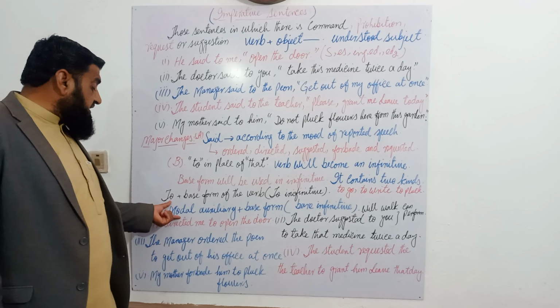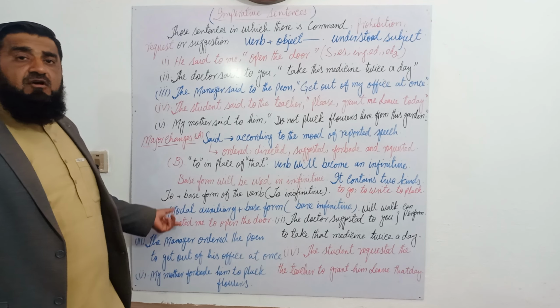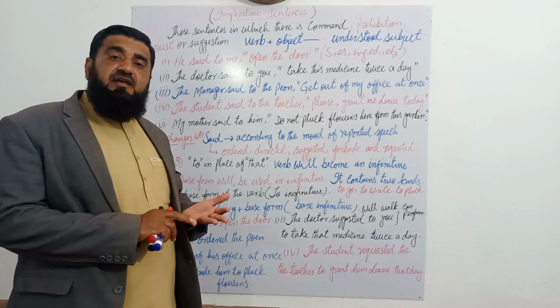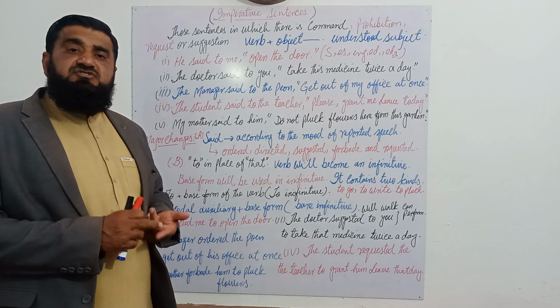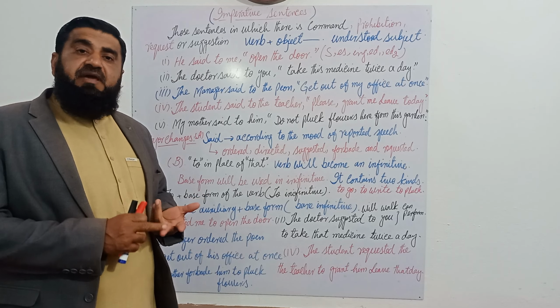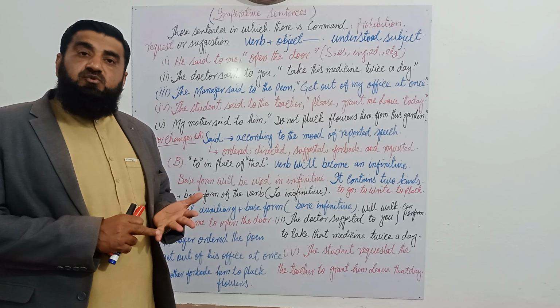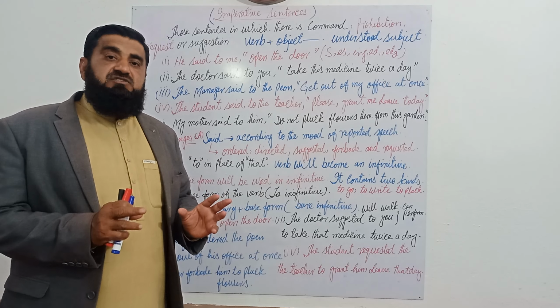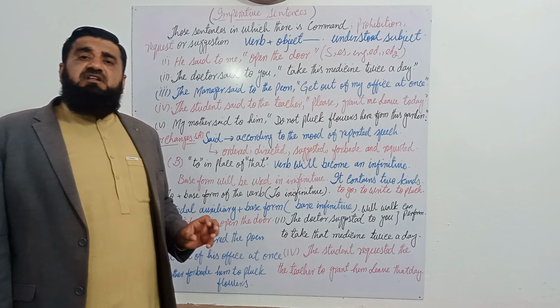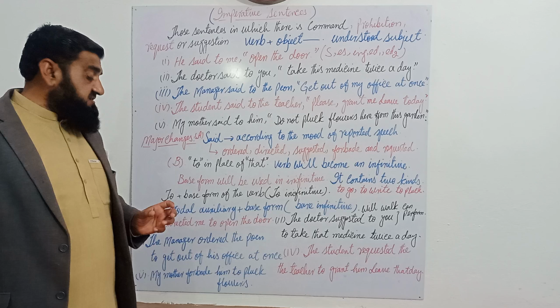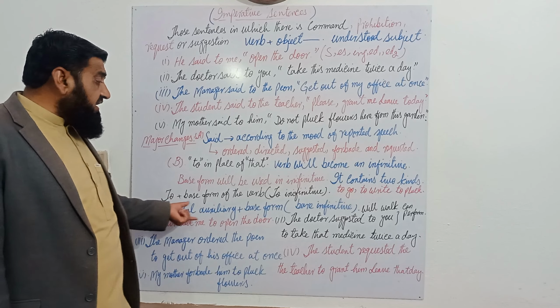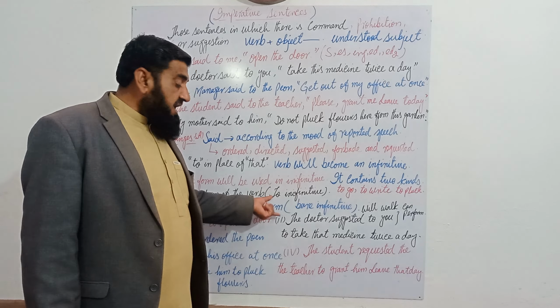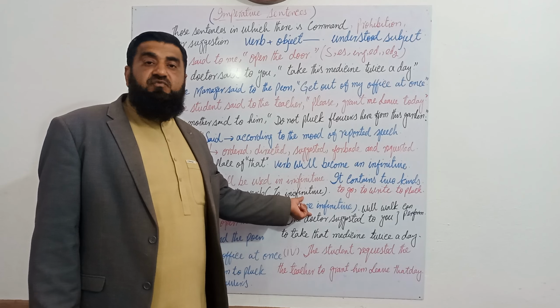When we have modal auxiliary: will, would, shall, should, can, could, may, might, used to, ought to, need not. All these are modal auxiliaries. When modal auxiliaries are used in a sentence, we will use only base form of the verb, and that is called bare infinitive.